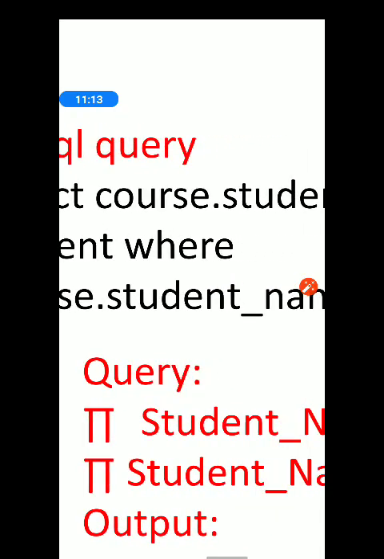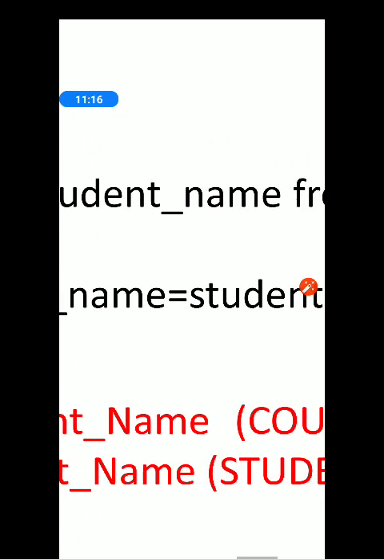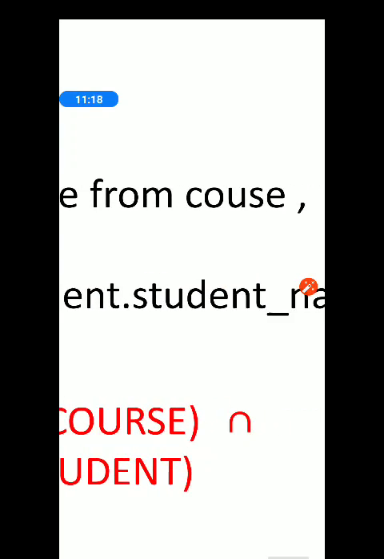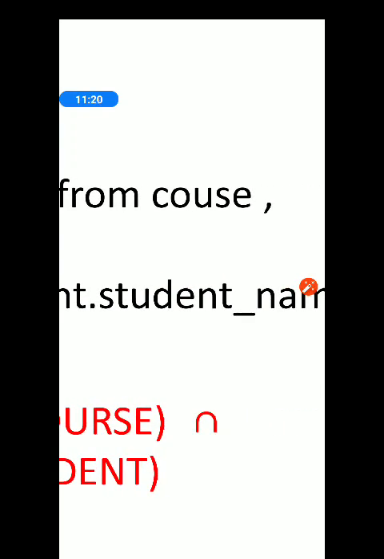Select course.student name from course. Okay, here one spelling mistake is there. Make it course.